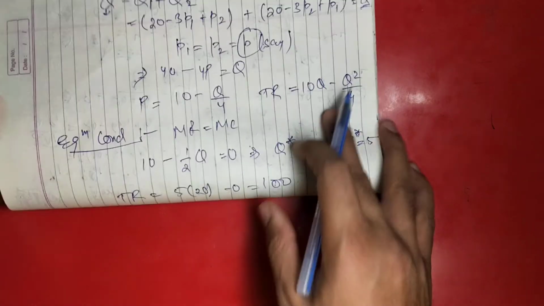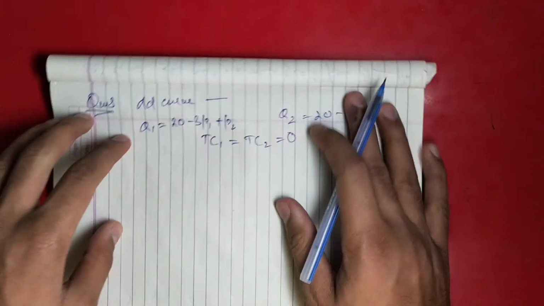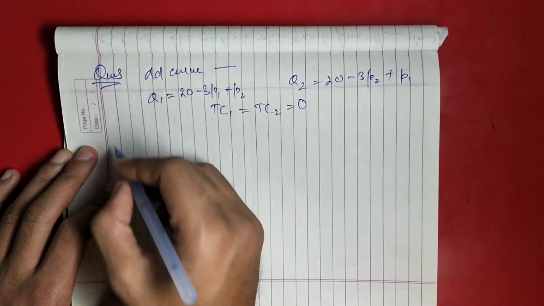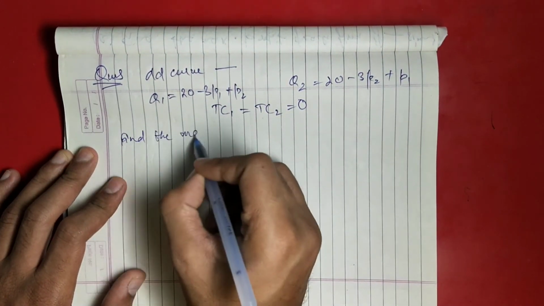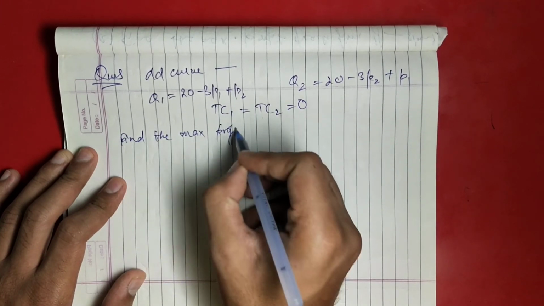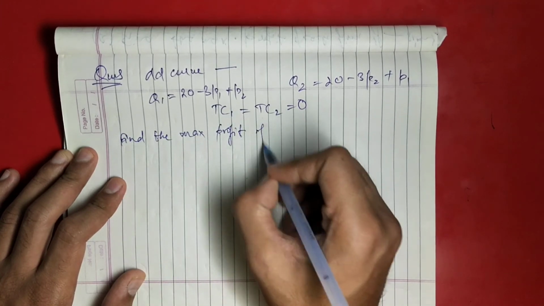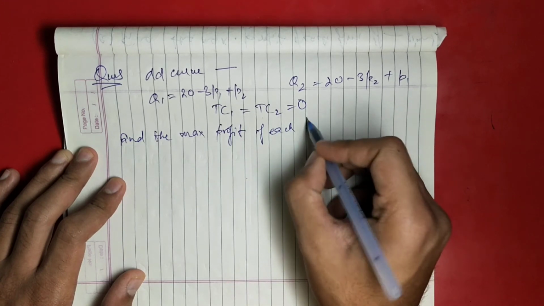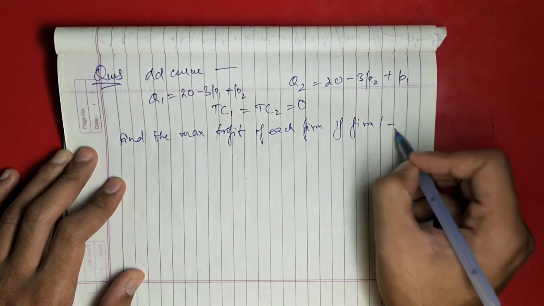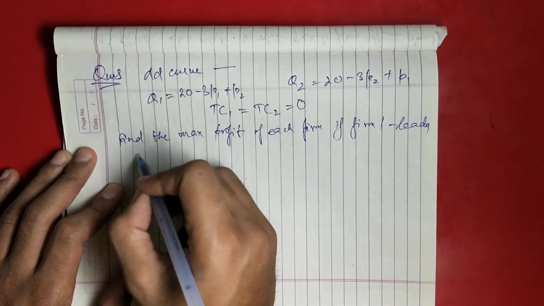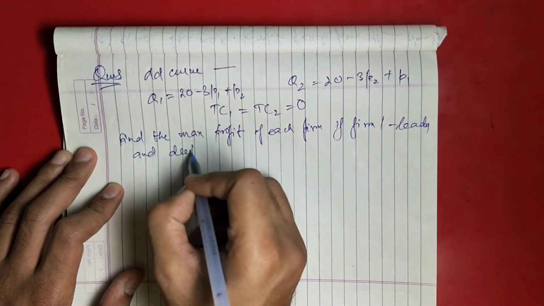You can remember it in your mind; it will be based on the Stackelberg type. So find the maximum profit of each firm if firm 1 is the leader and determines prices first.